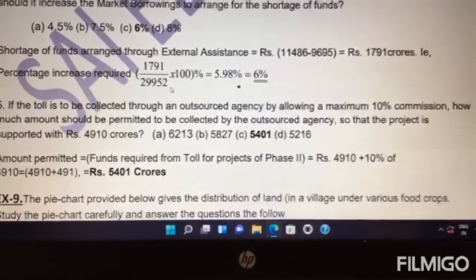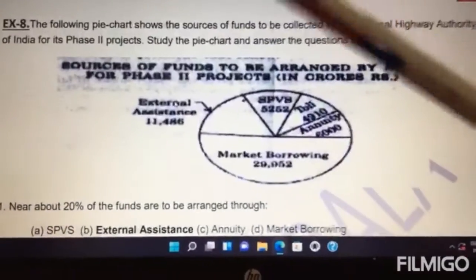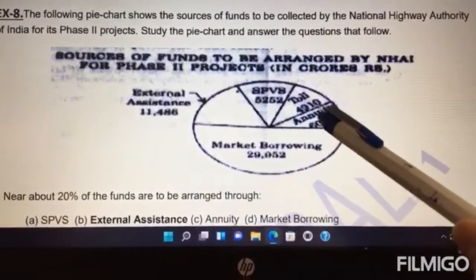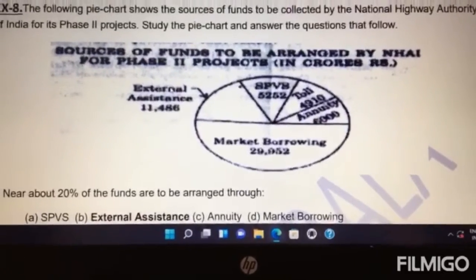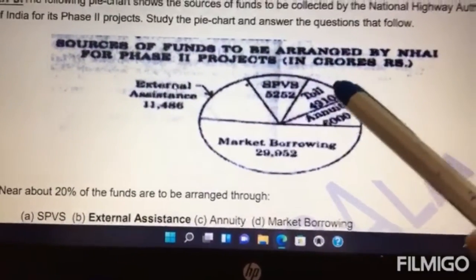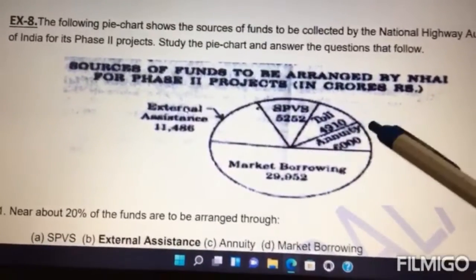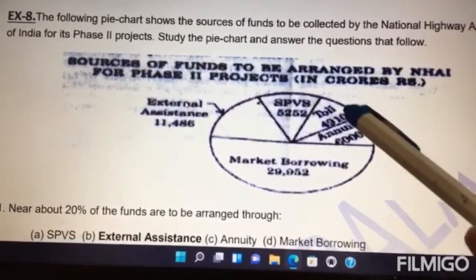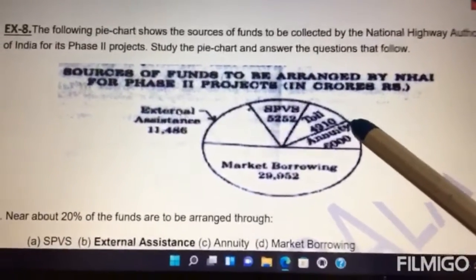Okay, so the amount that is estimated, how much of toll revenue are they asking for? 4,910 crores. This is what they want, but they are saying that they are going to give this toll collection to another agency. So they are going to outsource it, right? And that agency will charge 10% commission.